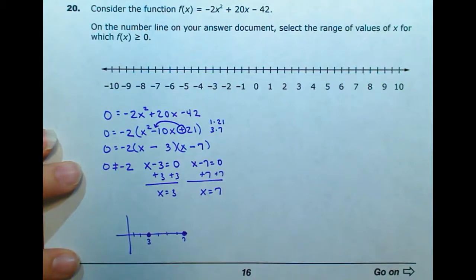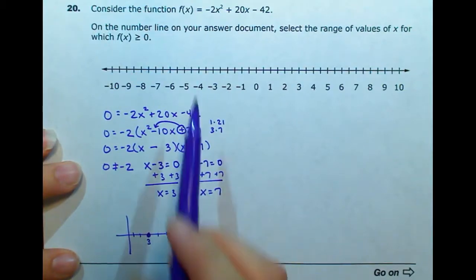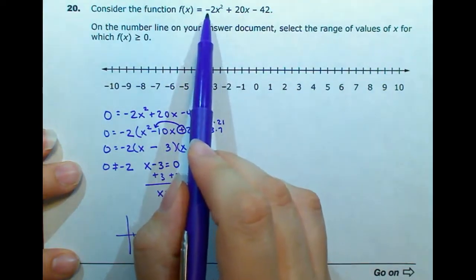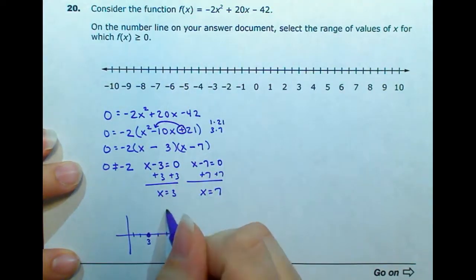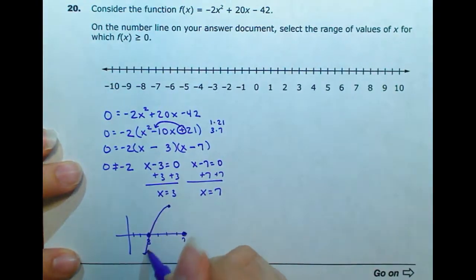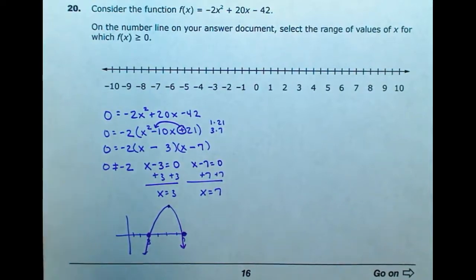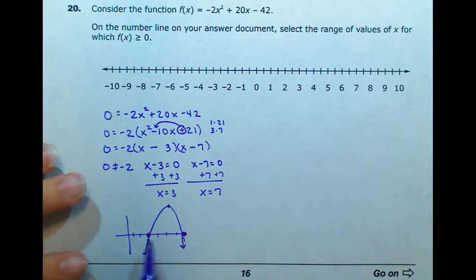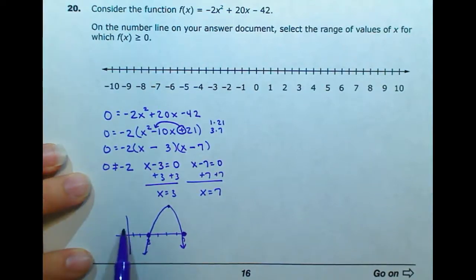And I also know which way this is going to open up. Because the a is negative on this function, this graph is going to have a vertex above the x-axis, which means this graph is opening something like this. So when it tells me I'm looking for a range of values where f of x is greater than or equal to 0, that basically is saying for which numbers is y bigger than 0.